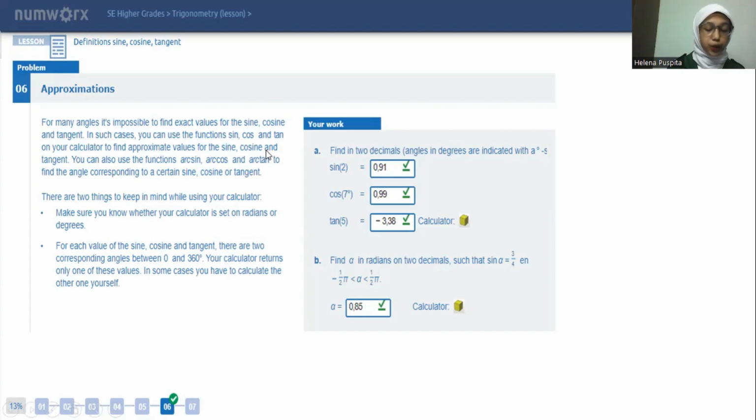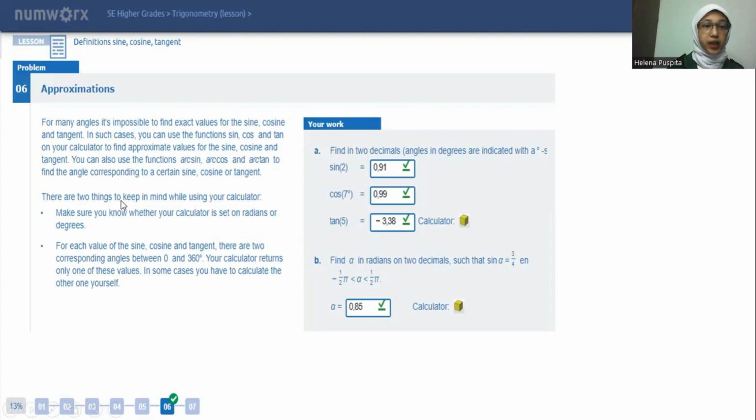You can also use the functions arcsine, arccos, and arctan to find the angle corresponding to a certain sine, cosine, or tangent.